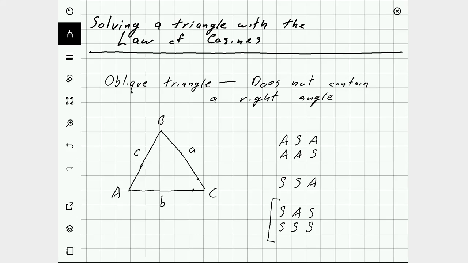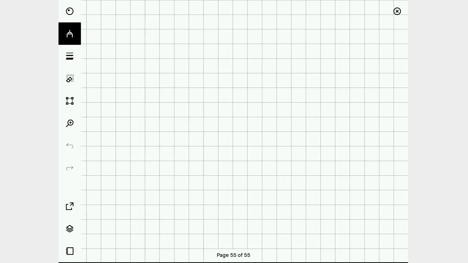So the law of cosines is a generalization of the Pythagorean theorem. C squared equals A squared plus B squared. That's looking familiar.